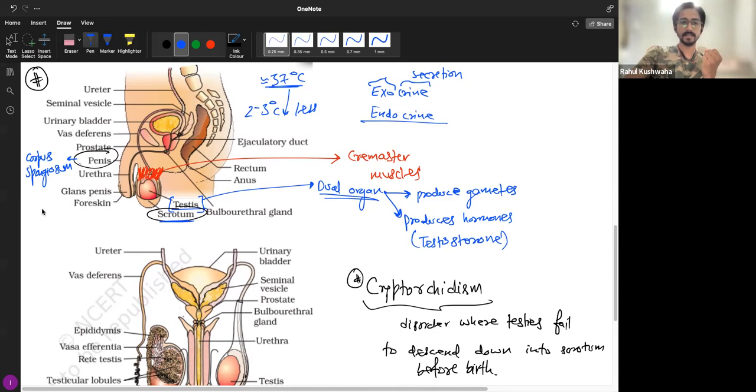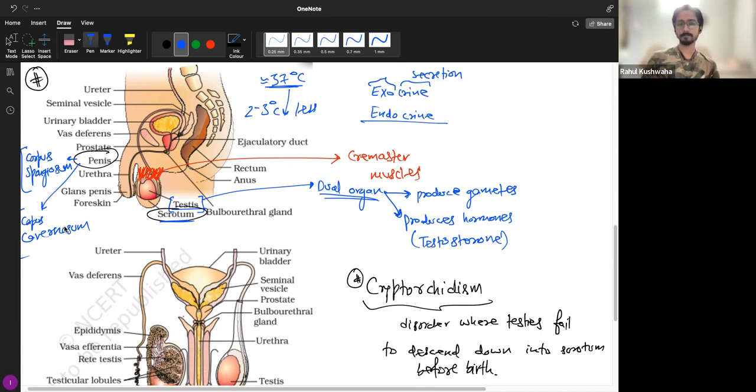And the second is called corpus cavernosum, or cavernosa. Corpus spongiosa and corpus cavernosa, or cavernosum in the singular. So these are the erectile tissues of the penis. Write down: these two are the erectile tissues, and they help in erection. And the signal for erection comes through hormones present in blood and the blood itself.